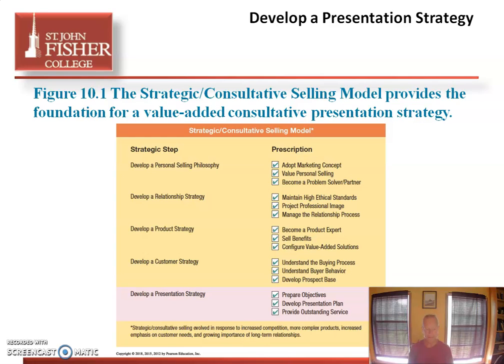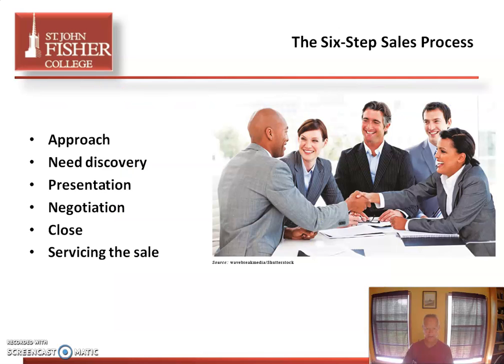And that's your presentation strategy, and then obviously what you're going to do and how you're going to execute that strategy. So in figure 10.1 here, you can see all of the different prescriptions for those different steps. And again, later on in the semester, I'm going to get to the strategic part, but we always start in this particular class with what we would call the tactical part.